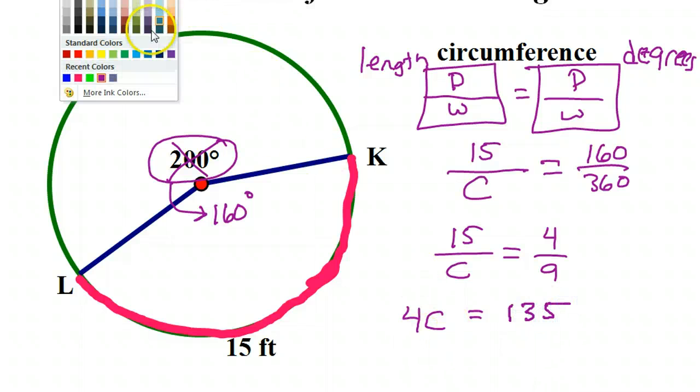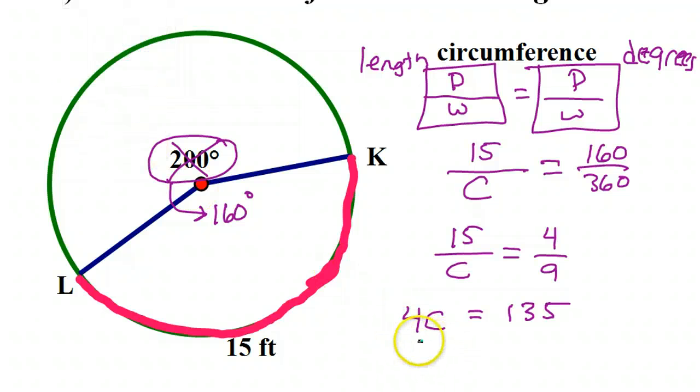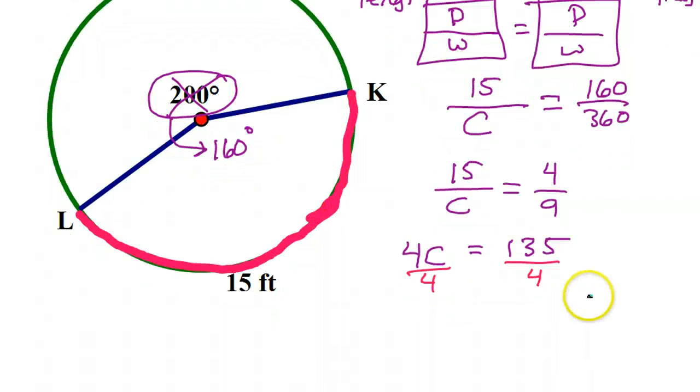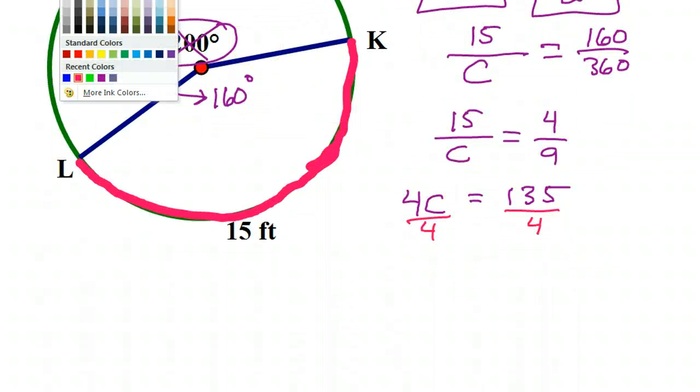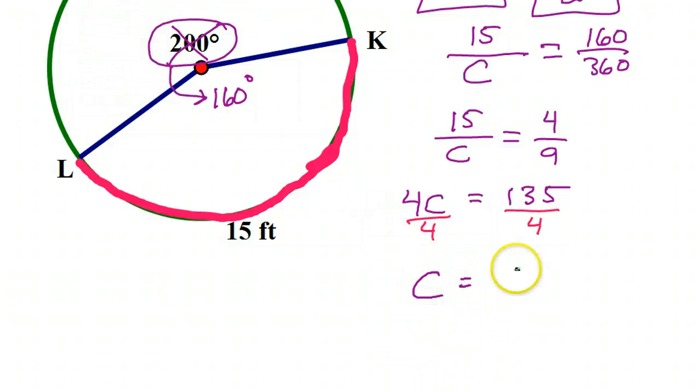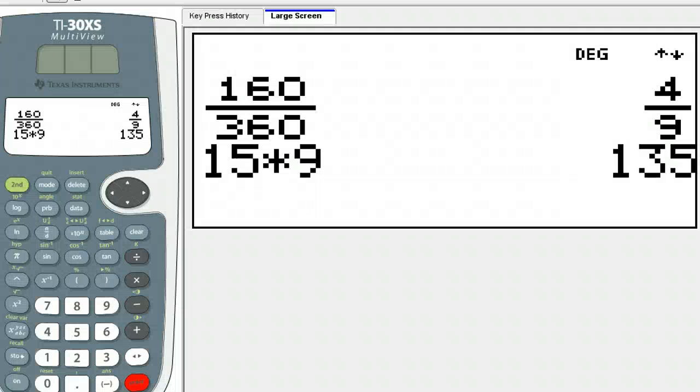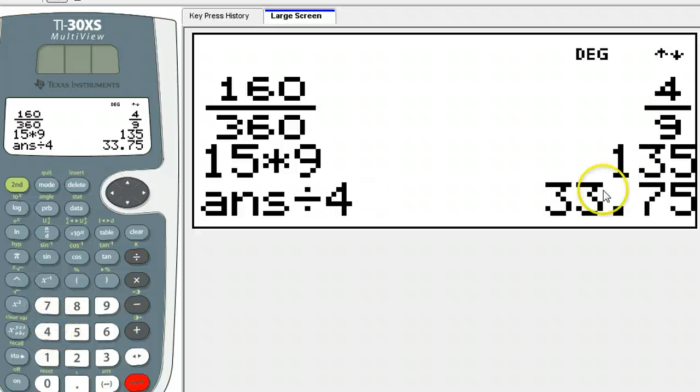Okay, and dividing both sides by 4, this is not going to go in evenly. 135 is already there, so I'm just going to do divided by 4, 33.75.